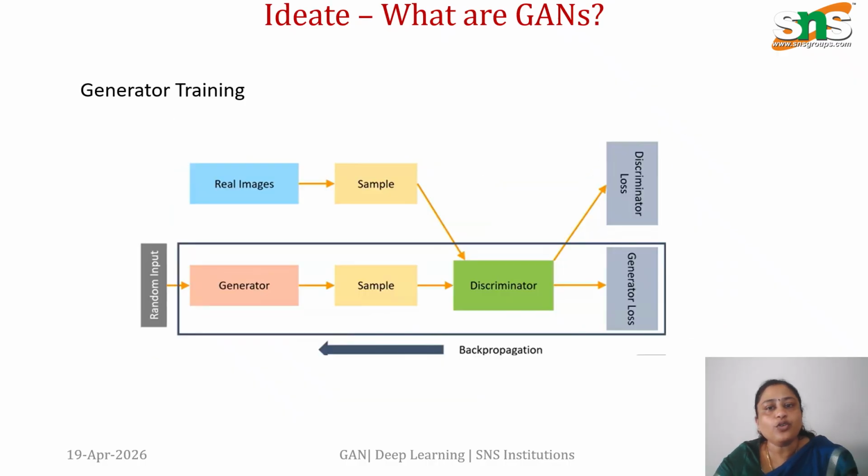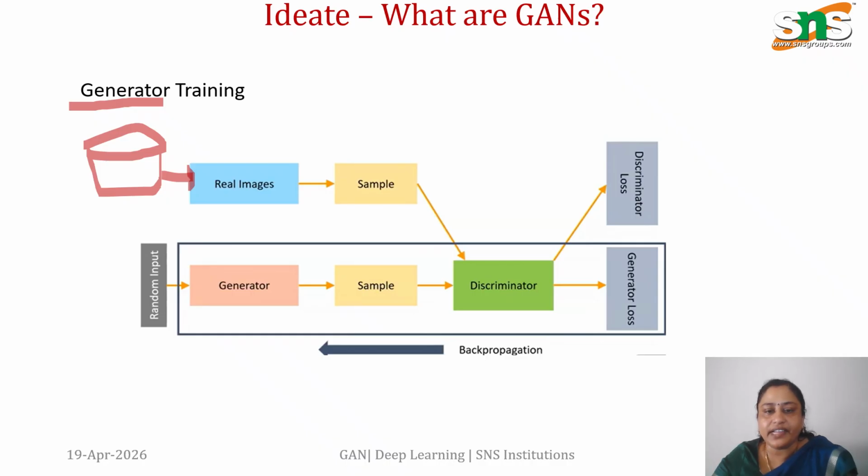As I told you, there are two components in GAN. The first one is called the generator. The generator generates fake images by getting feedback from the discriminator, which is the second component. When you pass a random input to the generator, it creates fake samples. These fake samples are fed to the discriminator, and from the real database you also get real images as samples, which are forwarded to the discriminator as well.